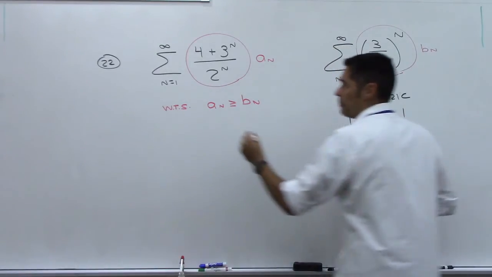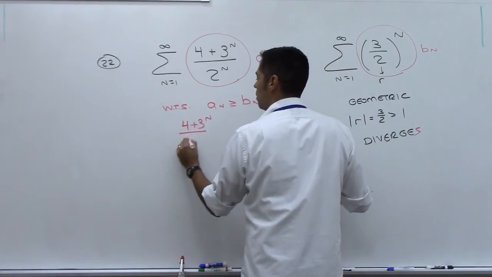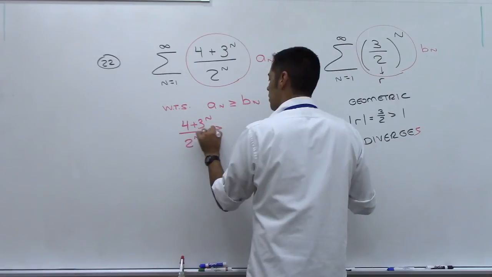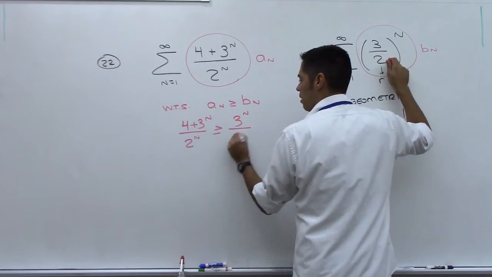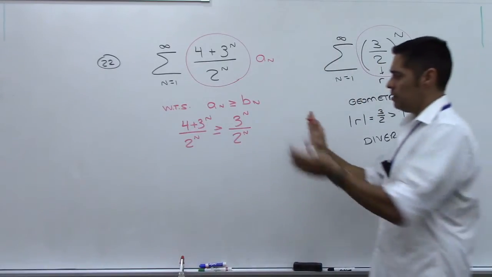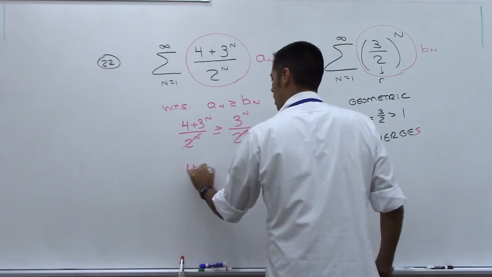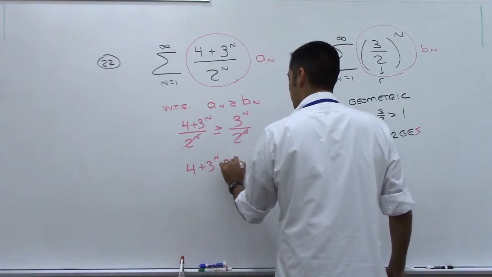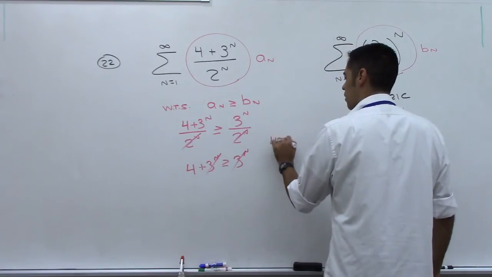So let's check it. Is (4 plus 3 to the n) over 2 to the n greater than or equal to this, which I'll write as 3 to the n over 2 to the n? So I multiply both sides by 2 to the n, and they go away. And I'm left with 4 plus 3 to the n greater than or equal to 3 to the n. Subtract 3 to the n on both sides, I get 4 is greater than or equal to 0.